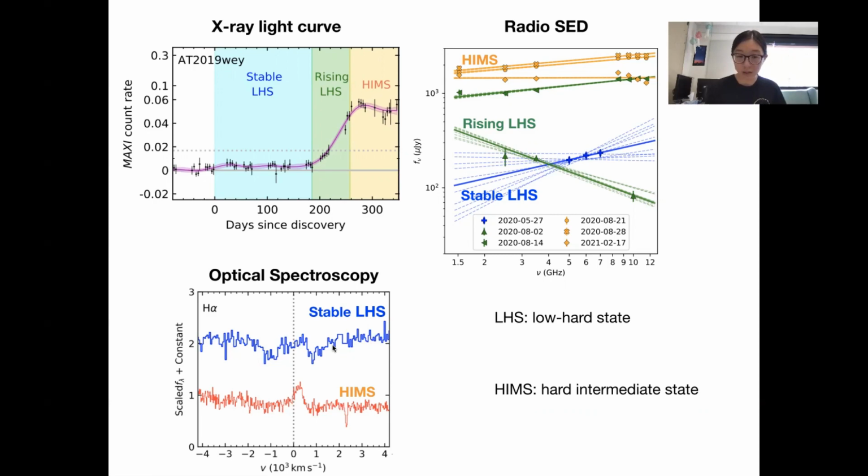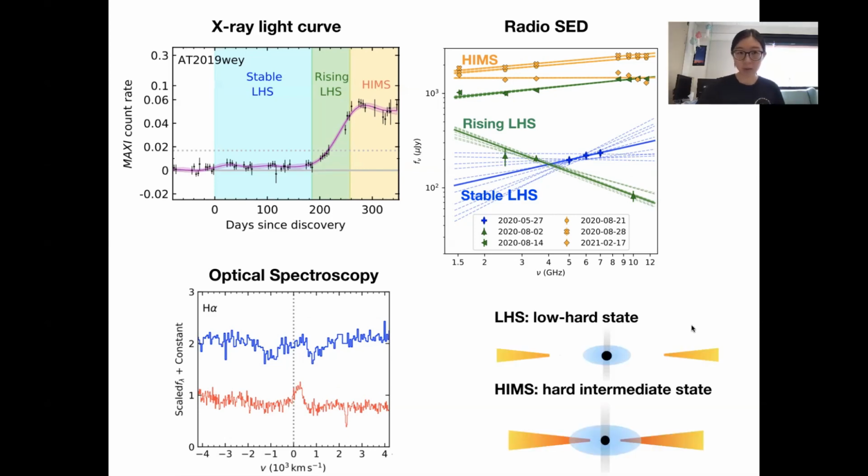But in the hard intermediate state, the optical emission is produced by reprocessing of higher energy photons at the outer accretion disk. Such irradiation can increase the temperature of the disk surface, giving rise to the enhanced emission core. From our multi-wavelength observations, we can construct a big picture where the inner accretion disk radius has progressively moved closer to the black hole.